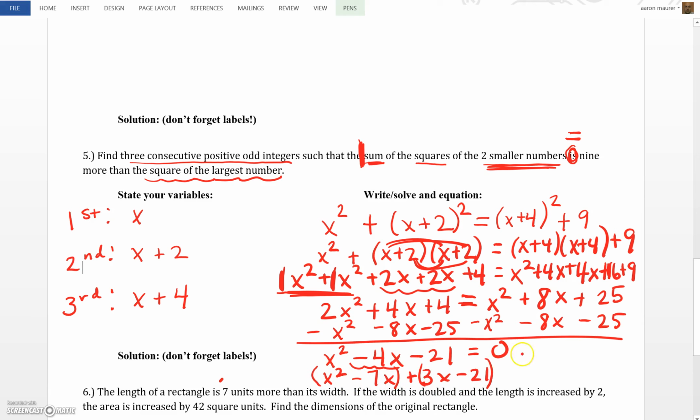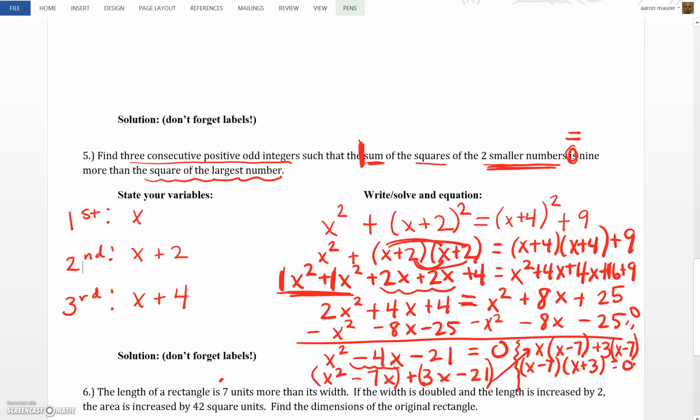In the first parenthesis, we'll go up here with it, take an x out, so I'm left with x minus 7. Here I can take out a 3, and I'm left with x minus 7 again. This is equal to 0. So I have x minus 7 times x plus 3 equals 0.